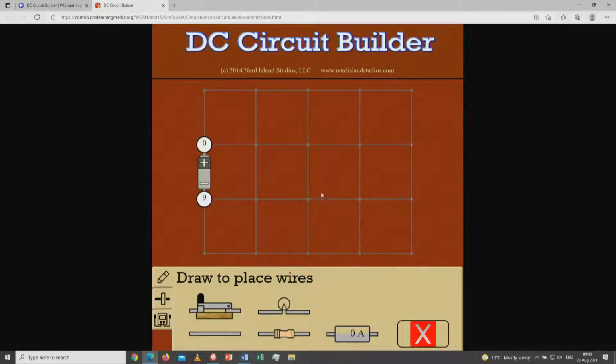So I've designed activities. In the first activity, colleagues, we are just going to look at a simple series circuit.